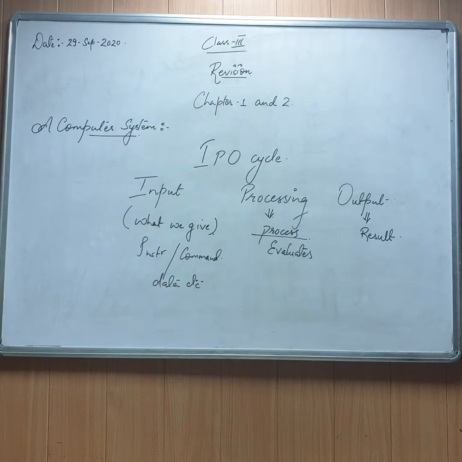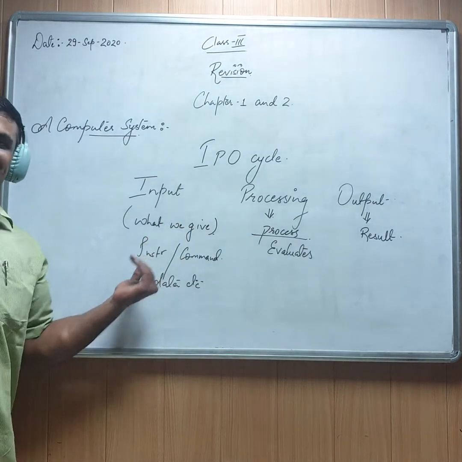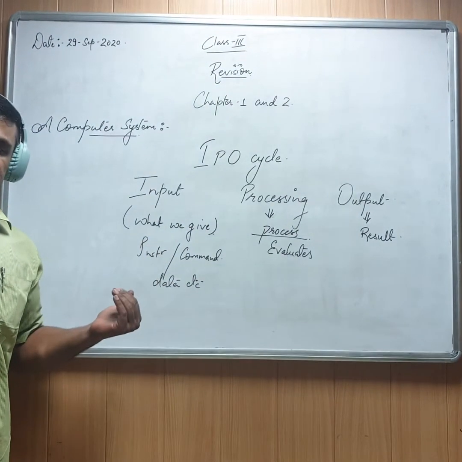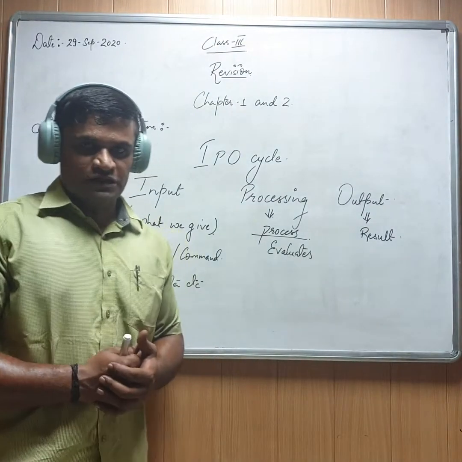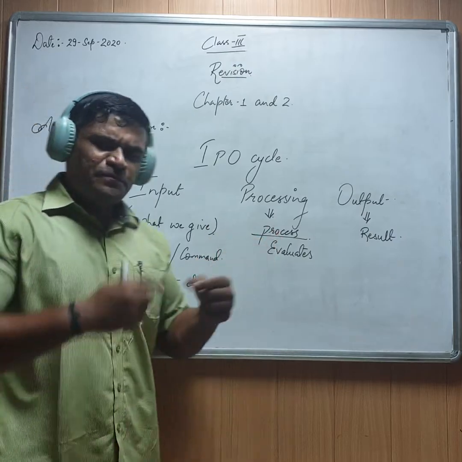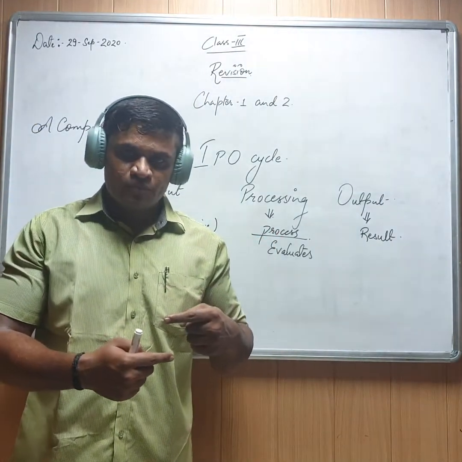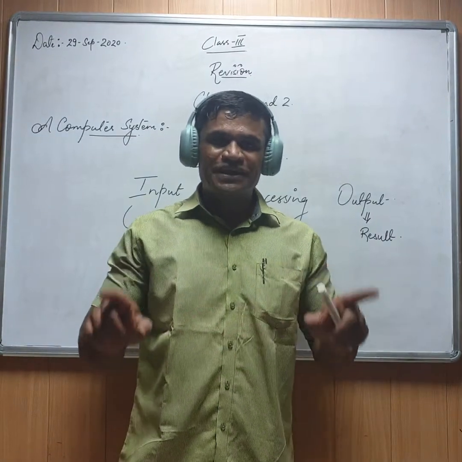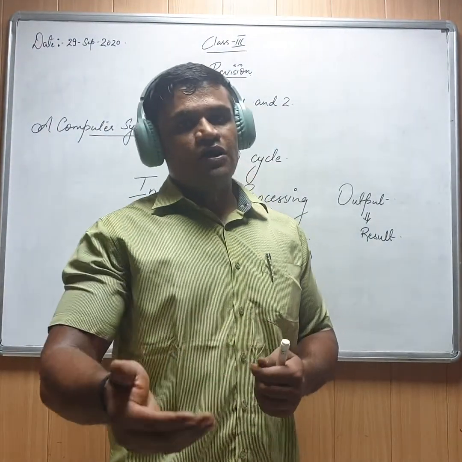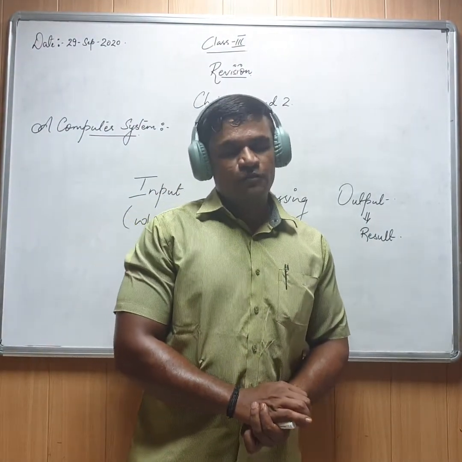So what it does, it takes the command, the instructions from the user, or let's say from me. Right now I'm the user. Then it evaluates, then it produces a result which can be displayed on your desktop or can be taken out as a print from your printer.